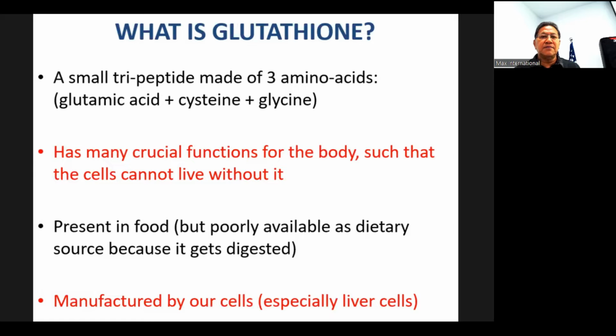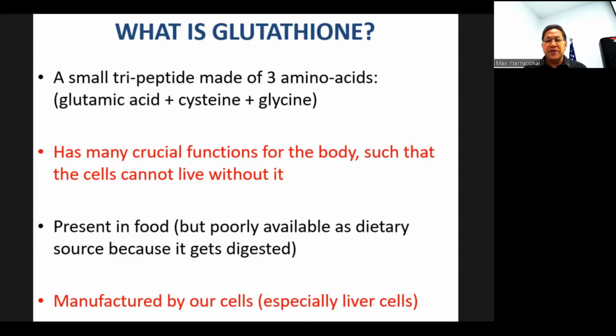Okay, so what is glutathione? It's a small molecule made of three amino acids, so it's called a tripeptide. The three amino acids, or precursors, are glutamic acid, cysteine, and glycine. Glutathione has many crucial functions for the body, such that the cells cannot live without it.